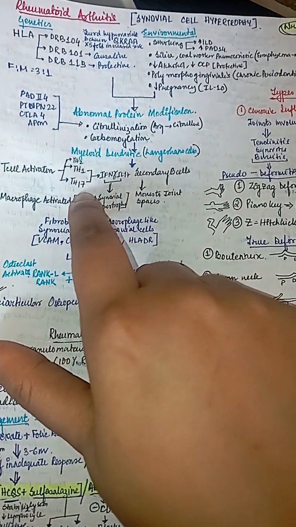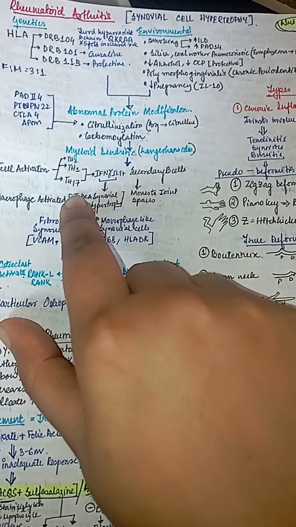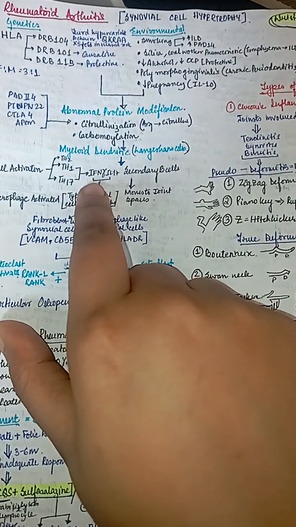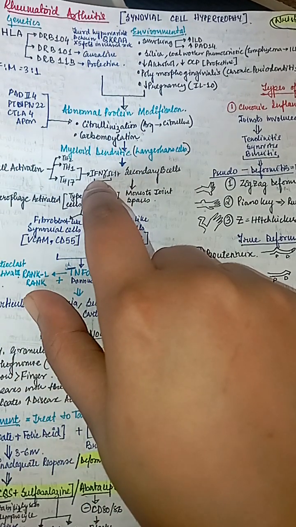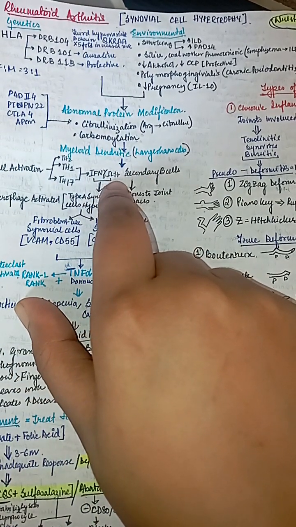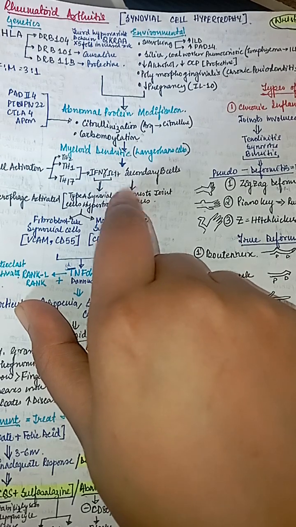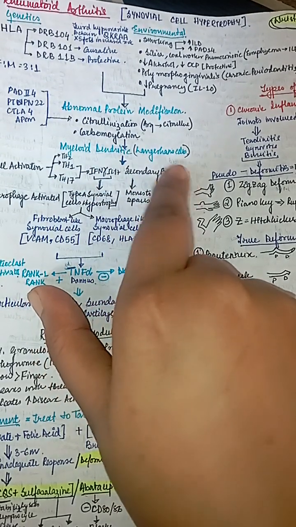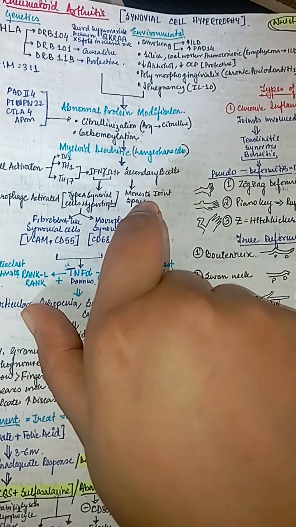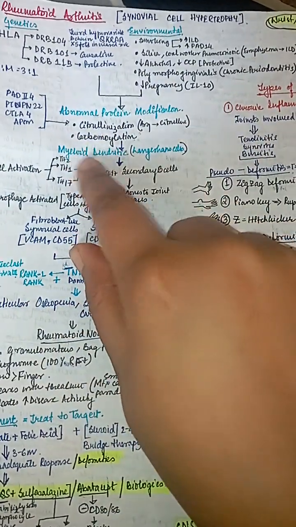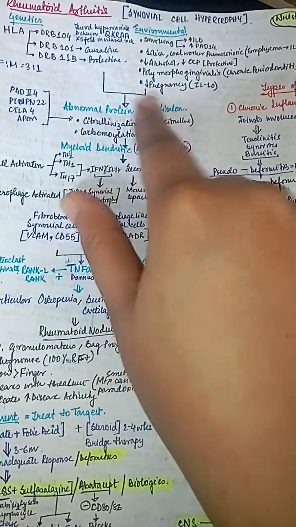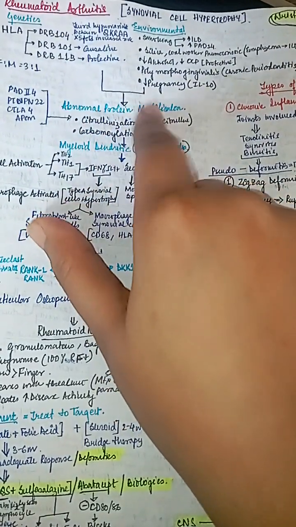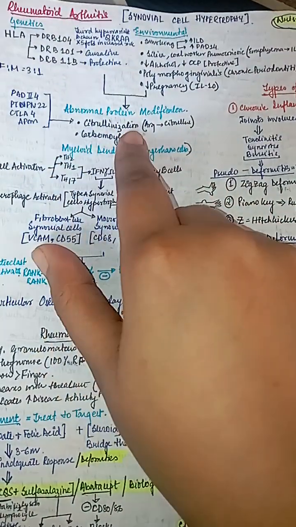Th2, Th1 and Th17. All the three Th cells are activated and Th1 and Th17 cause interferon gamma and interleukin 17 increase, and secondary B cells are also stimulated by the myeloid dendritic cells, which are against the abnormal citrullinated modified proteins.